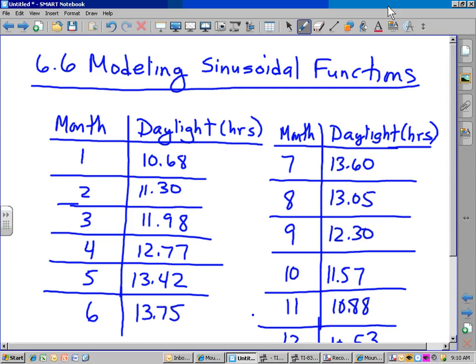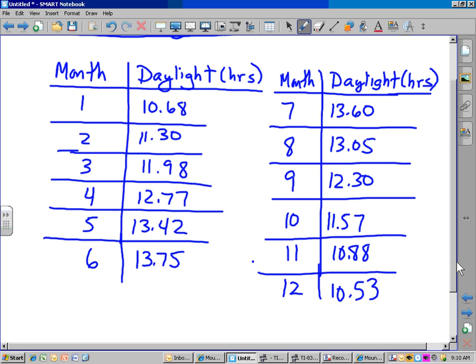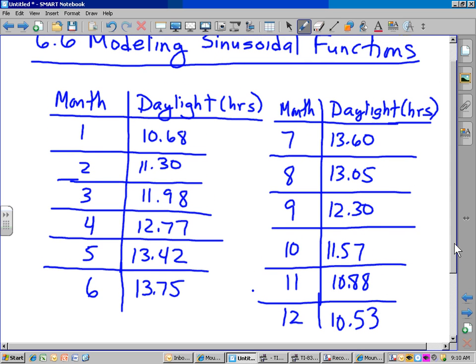So what I have for you is some data. Number of daylight hours for each month. Now, we picked a day, I believe it was the middle of the month.